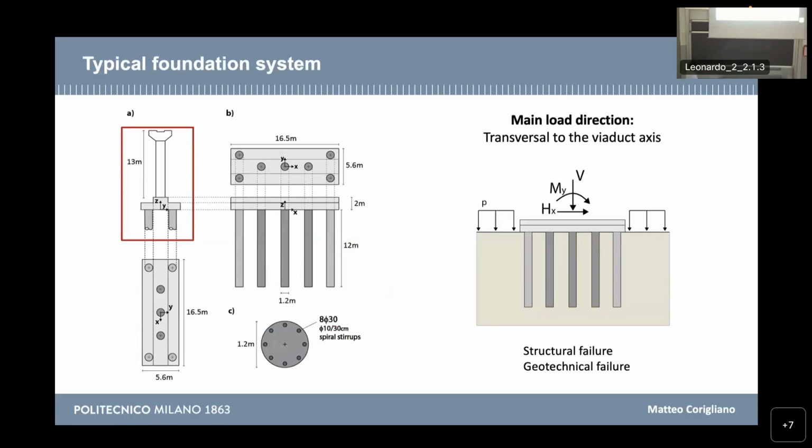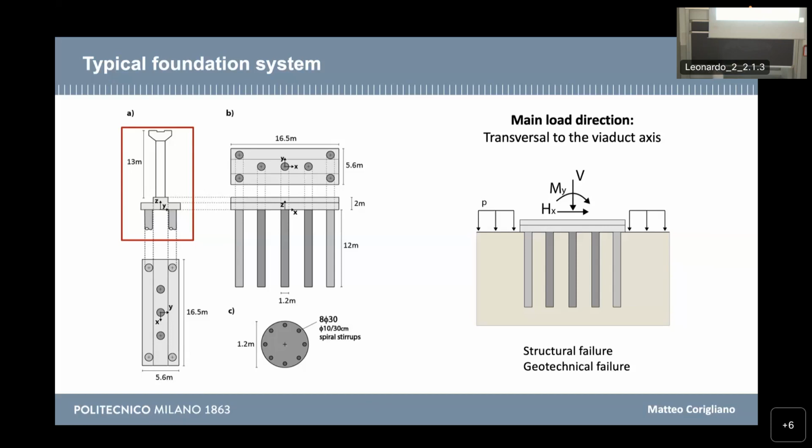What we can notice is that the section of the pile that is reported there is lightly reinforced. Why lightly reinforced? Not because the engineers at that time were stupid, but because they didn't consider the actions induced by the earthquake.